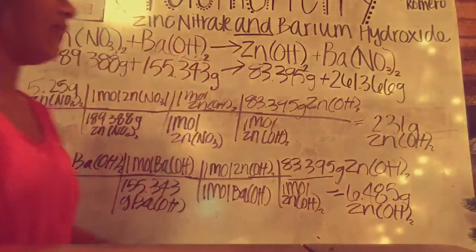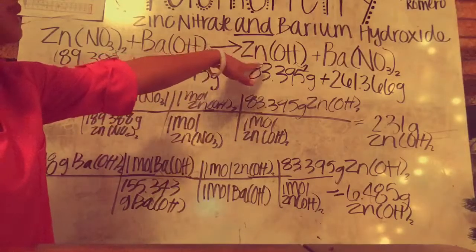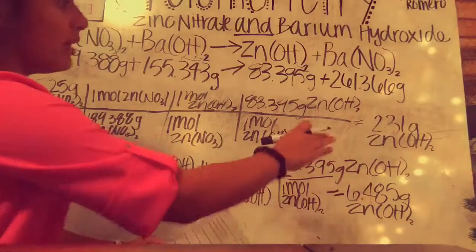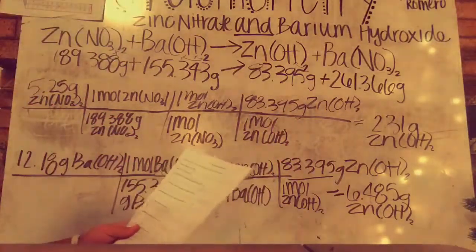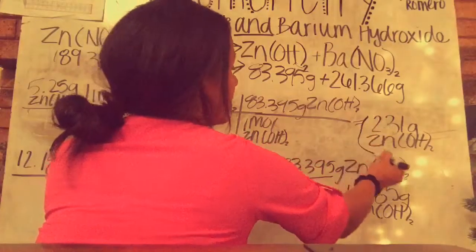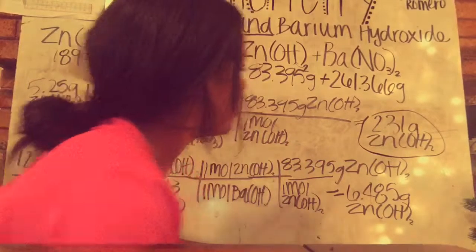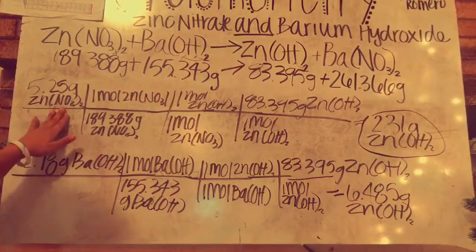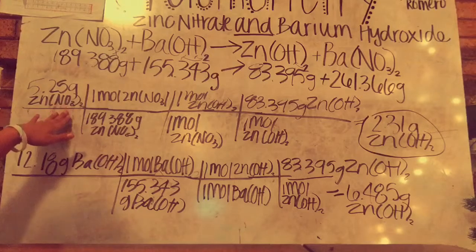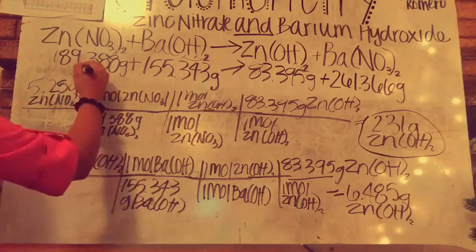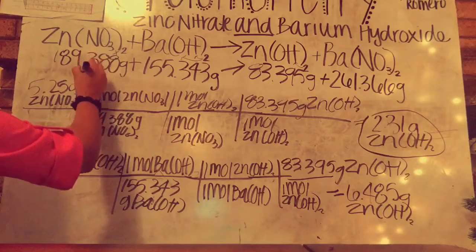So once you have found the number of grams of zinc hydroxide from each reactant, you're going to see that one amount is less than the other. The amount that has the less amount of grams, which in our case is 2.31 grams, the starting reactant is going to be our limiting reactant because there is not as much as the other reactant. So zinc nitrate is going to be our limiting reactant. Alright?